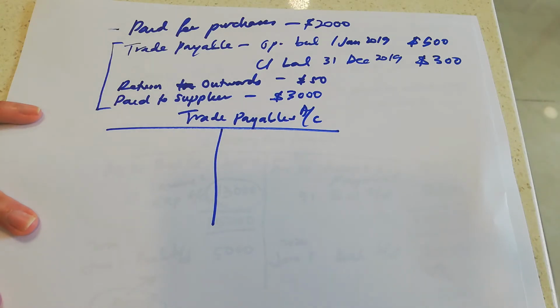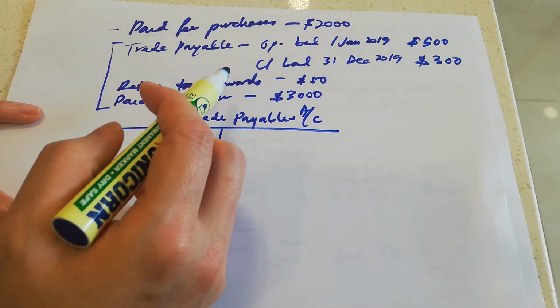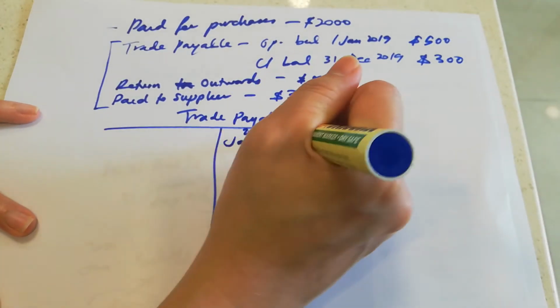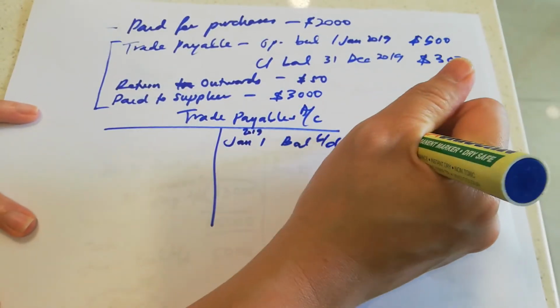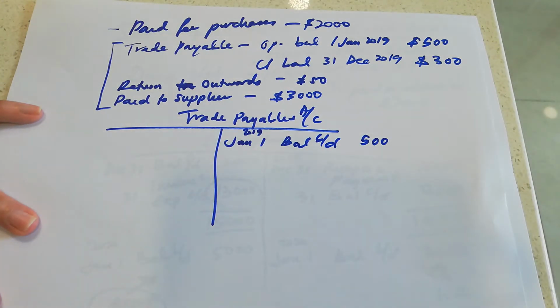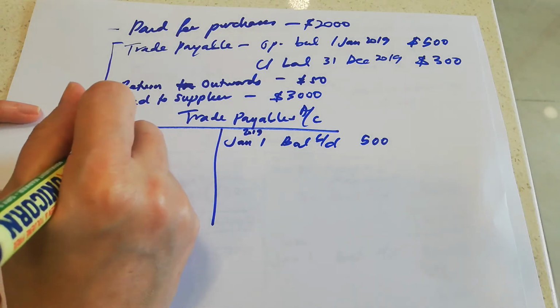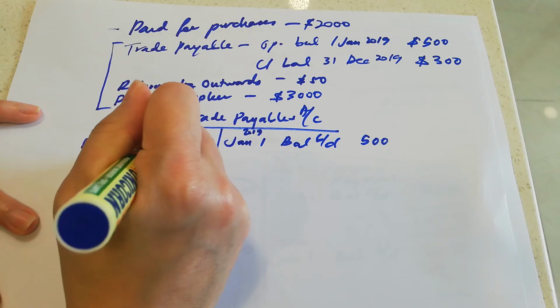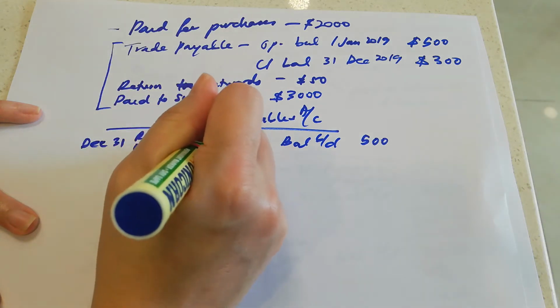So now I start to put in the figures. Okay, so trade payable opening balance, January 1st, 2019, balance brought down 500. Okay, return outwards. If I have a return outwards, I will credit my return outwards account, debit my trade payable account. So return outwards 50.